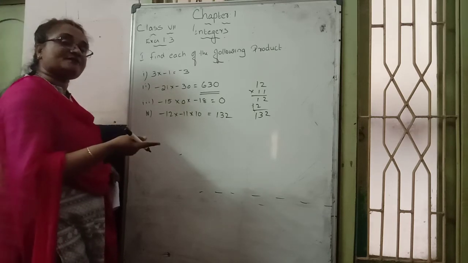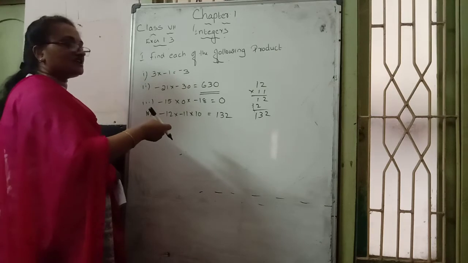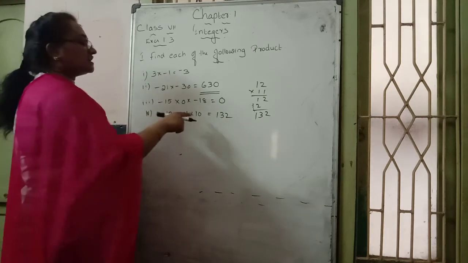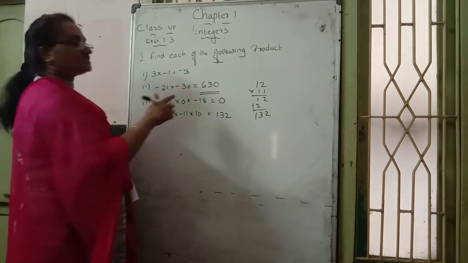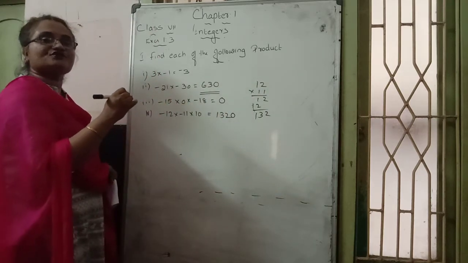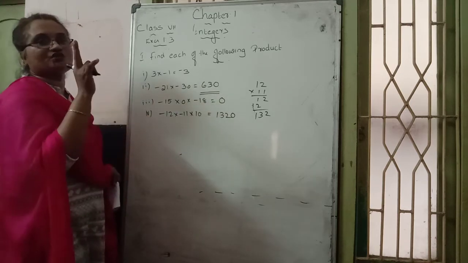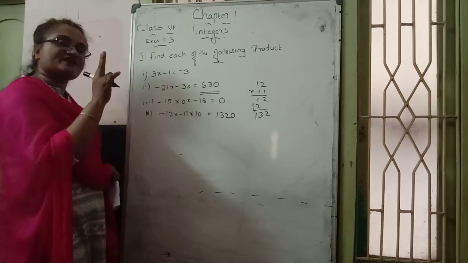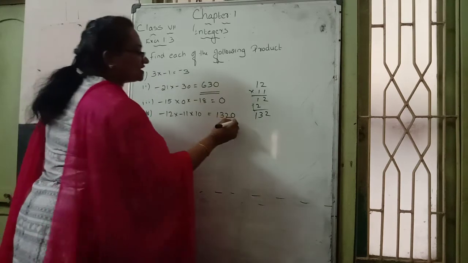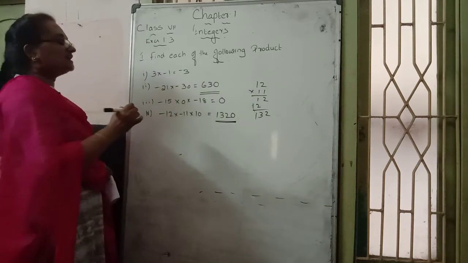Any number multiplied with 10, an easy way: what do we want to do? Same number, right? 132. 10 carries how many zeros? One 0. That's why we keep 0 on the right side of the answer. Then here, how many times is the negative symbol repeated? 2 times. Is 2 odd or even? Even number. That's why the answer becomes 1320. A positive answer we will get there.